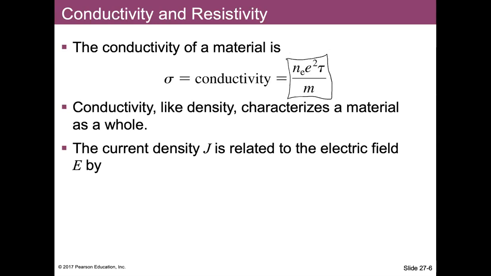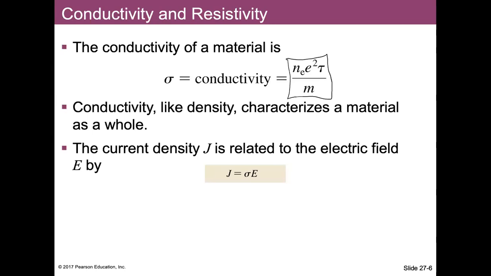So we can write it instead as J equals sigma, where sigma is the conductivity, times E. A material with greater conductivity will have a greater current density for the electric field that is applied to it. So that will be the current per area.